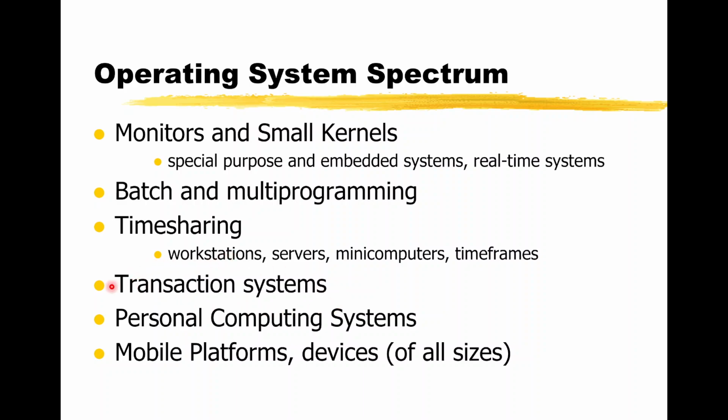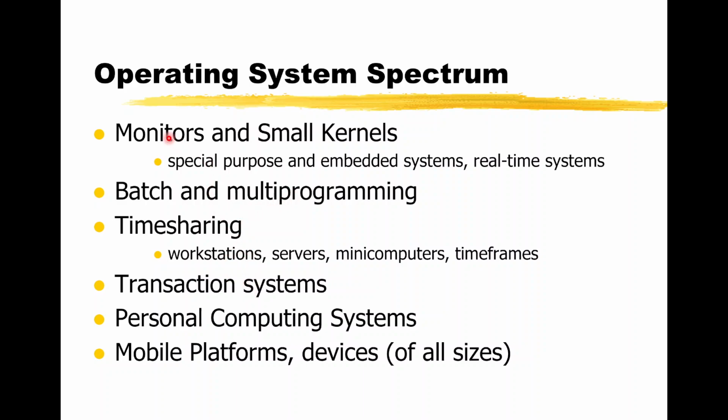Then you have transaction systems, which many of us are used to, like in the banking sector and in business centers. We have personal computing systems. We also have mobile platforms and devices that we all use. These are the different ways the operating system has advanced over time.